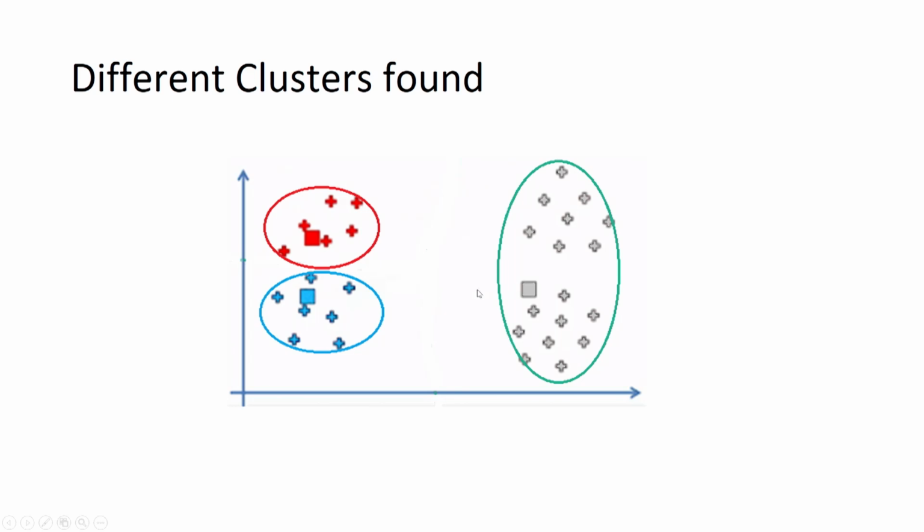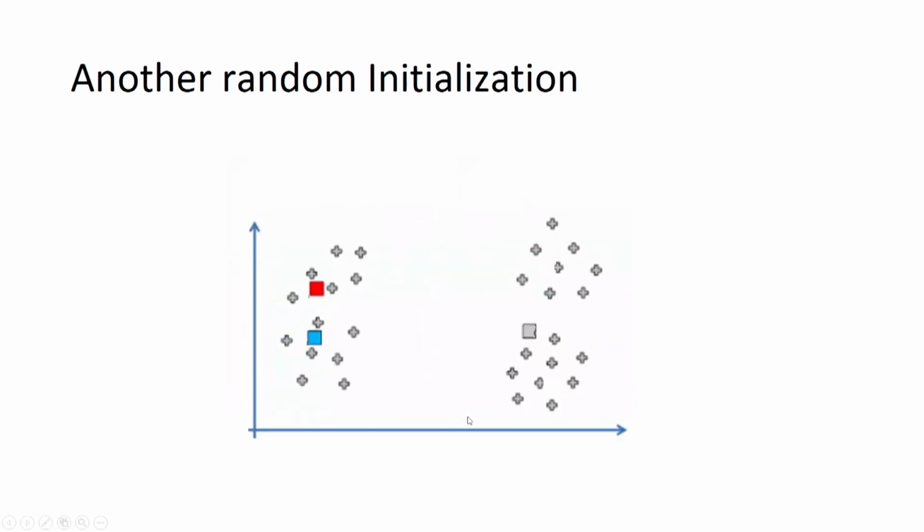So, you see the data is the same, but depending on the centroids that you choose randomly at the initial point, you are getting different clusters. This is called the random initialization trap.